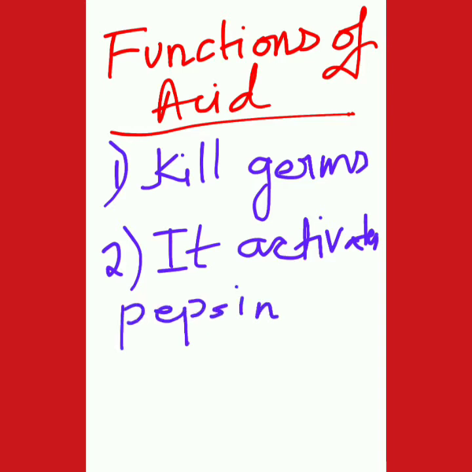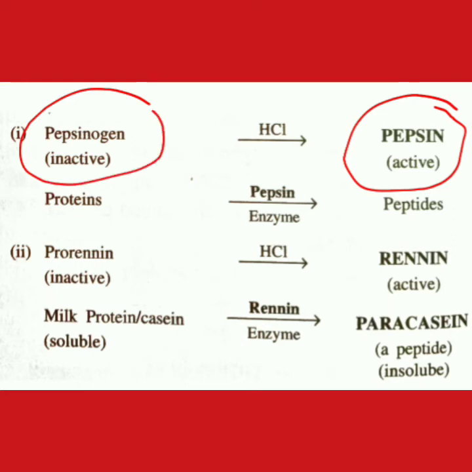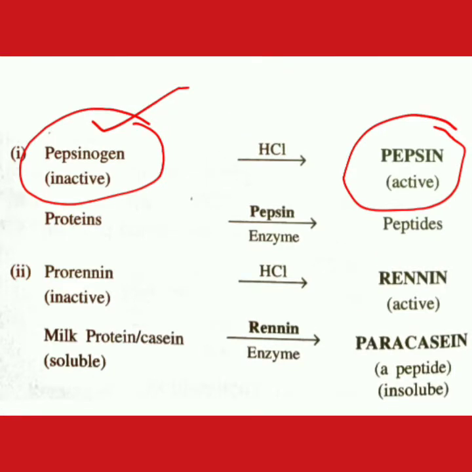to act on proteins. At first, the pepsin is secreted as pepsinogen, which is the inactive form, which is then activated by the acid, that is HCl, into pepsin, which is the active form.